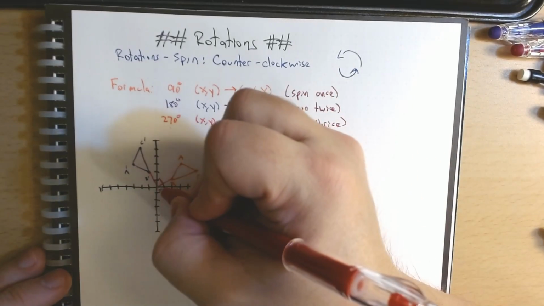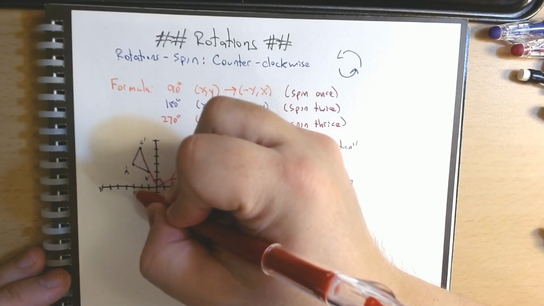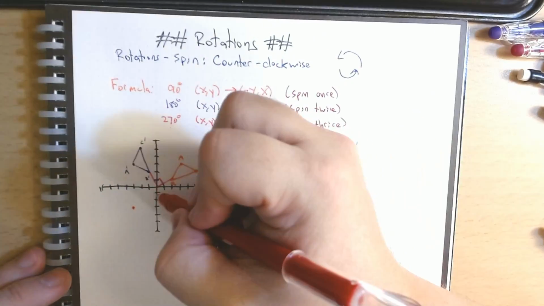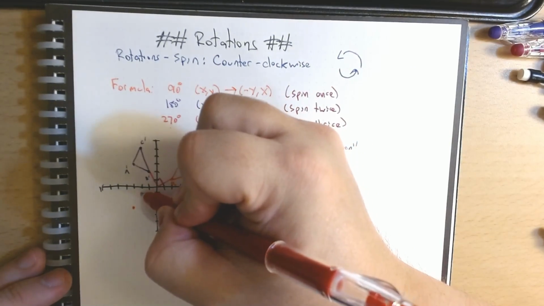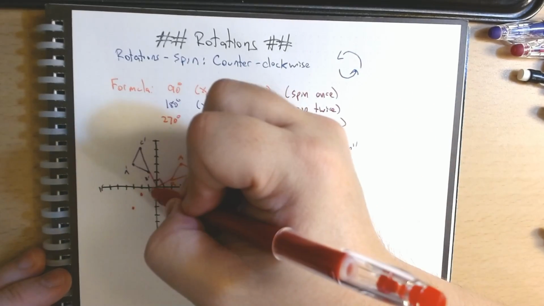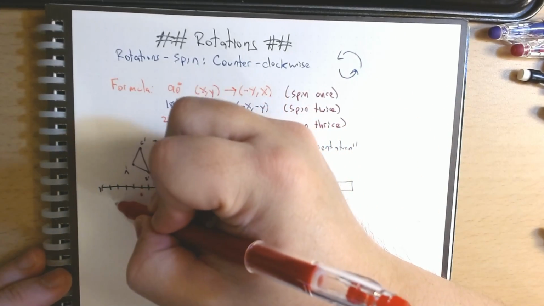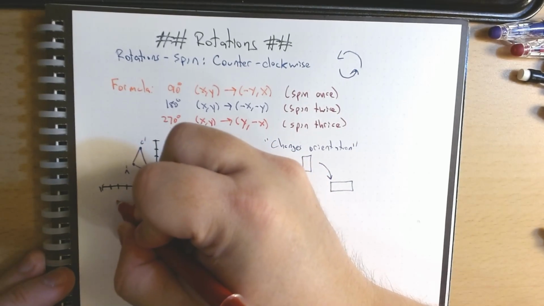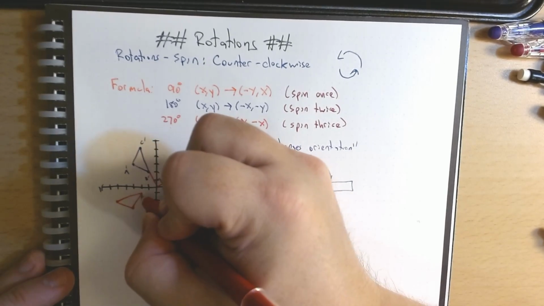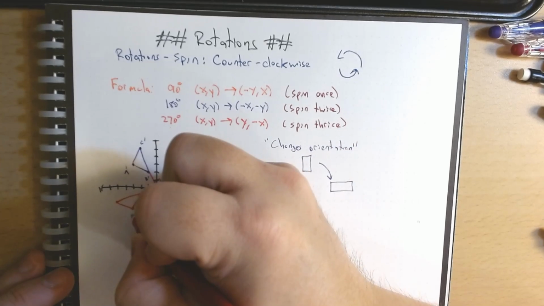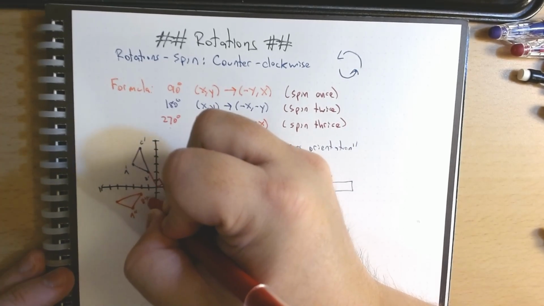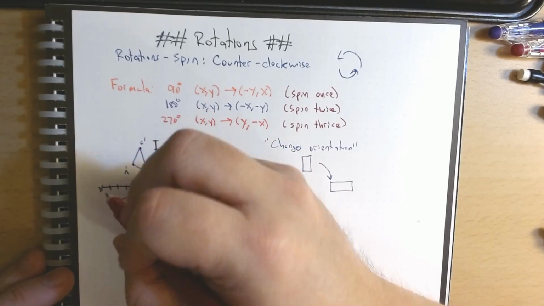So, -3, -1, -2, -1, and then -5, -2, and we've got ourselves a new triangle, and that is A double prime, B double prime, C double prime.